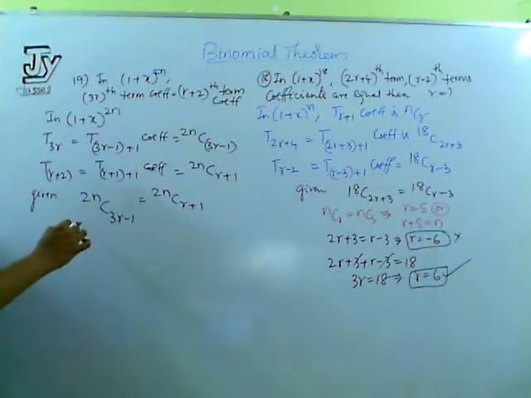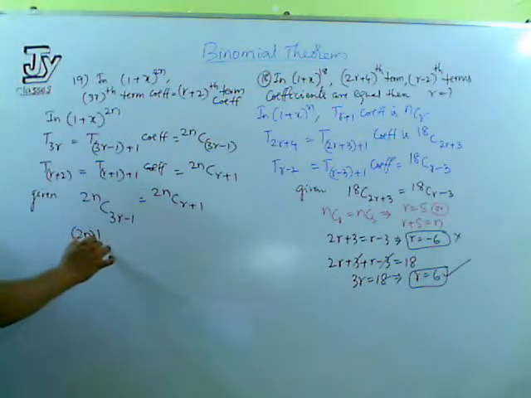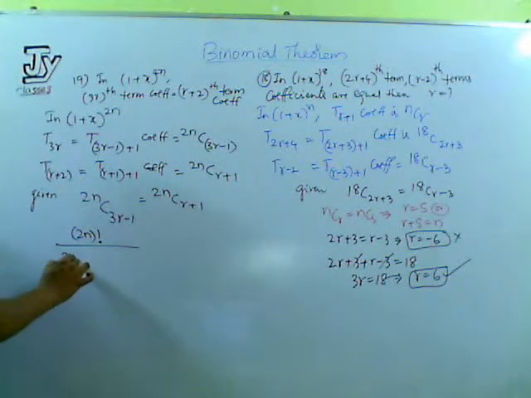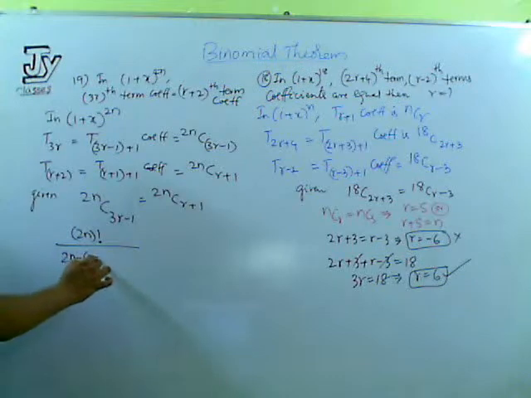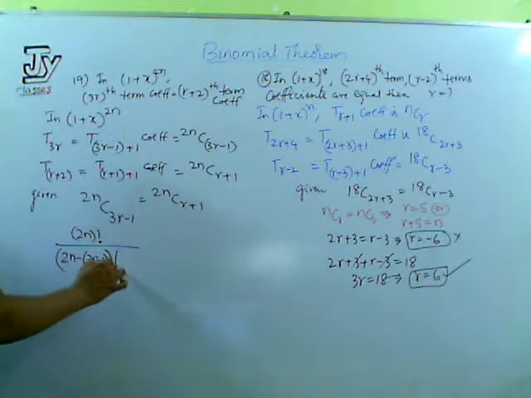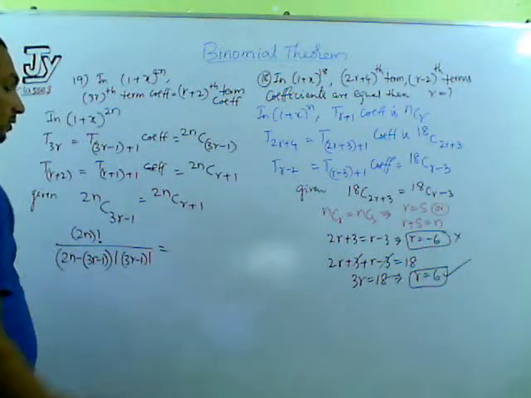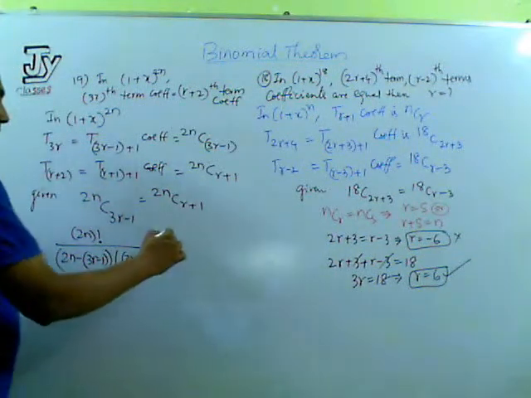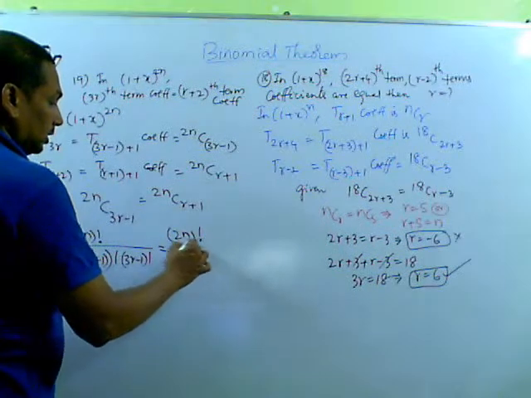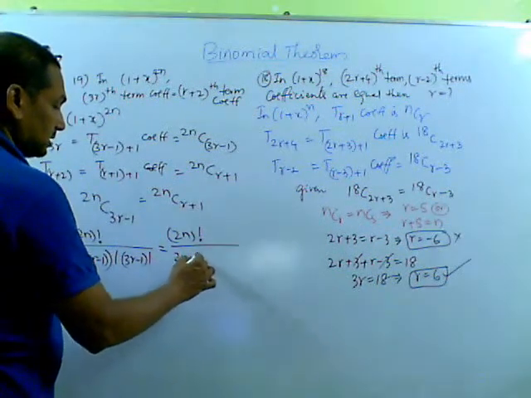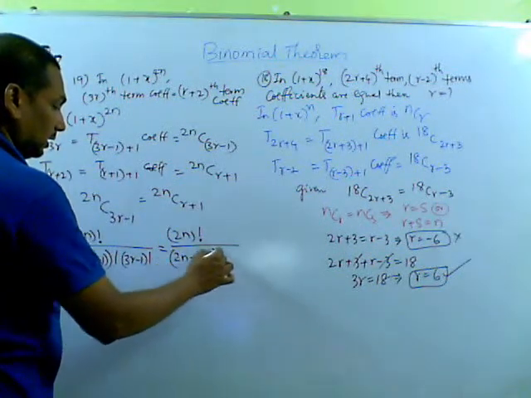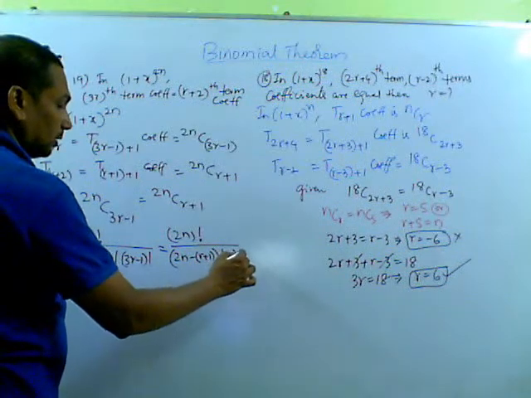So write down the nCr formula: 2n factorial by (2n minus (3r minus 1)) factorial into (3r minus 1) factorial is equal to 2n factorial by (2n minus (r plus 1)) factorial into (r plus 1) factorial.